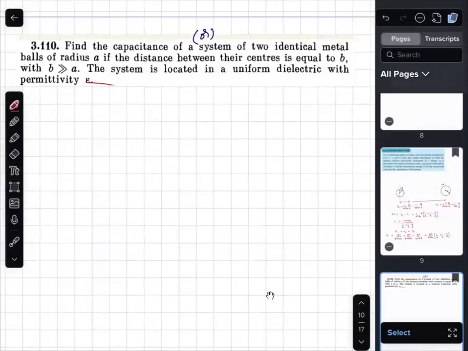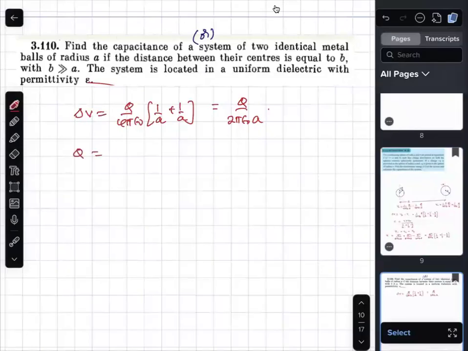D is much, much, much greater than A. In this case, you will consider the potential difference strictly as Q by 4 pi epsilon naught times 1 by A plus 1 by A. Here, the two are identical. This will become Q by 2 pi epsilon naught A. That is the potential difference. So Q is 2 pi epsilon naught A delta V. Right.